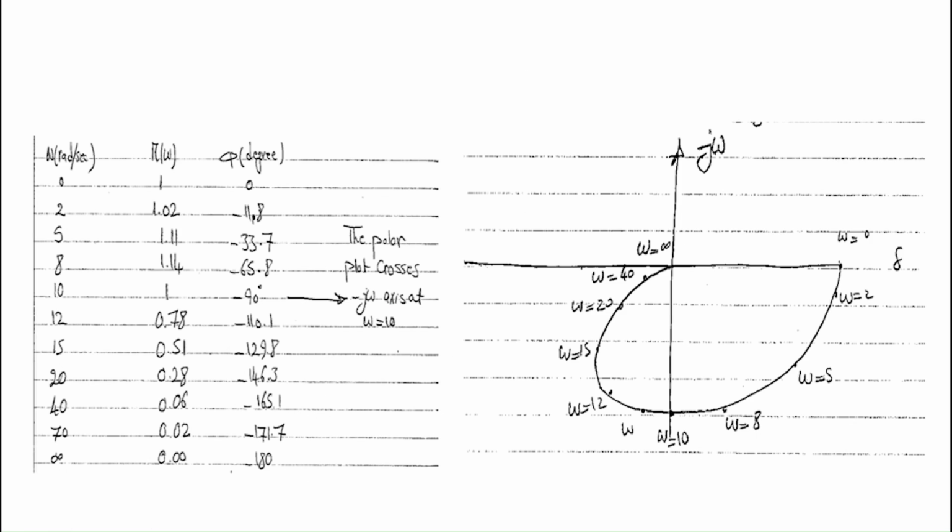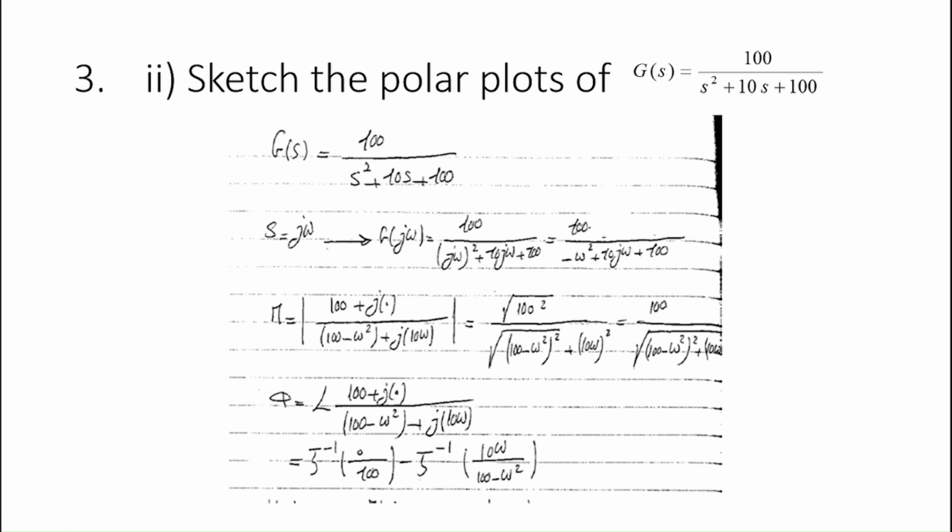Tangent inverse of 0 is equal to 0, so basically it is minus tangent inverse, and you can just take this as 0. So your phase will be given by minus tangent inverse of 10 omega over 100 minus omega squared.